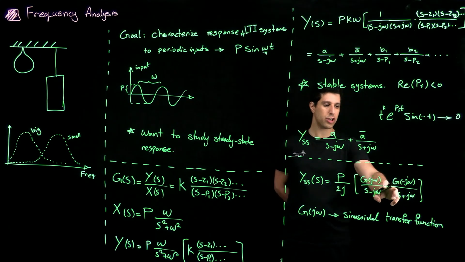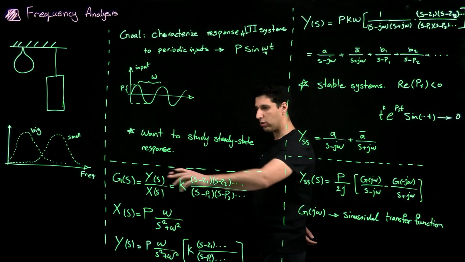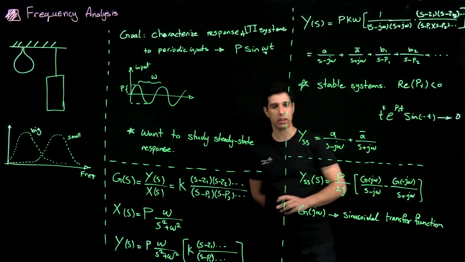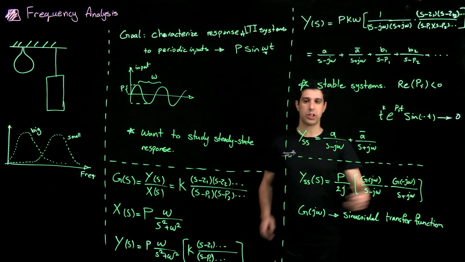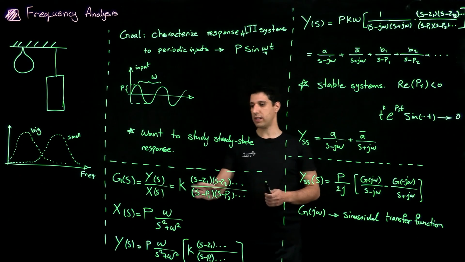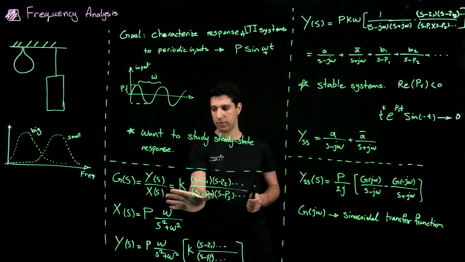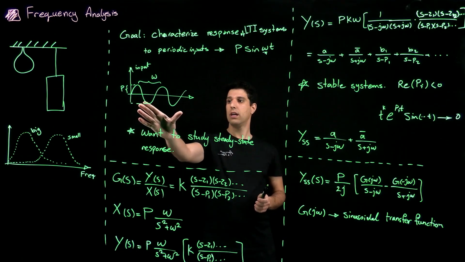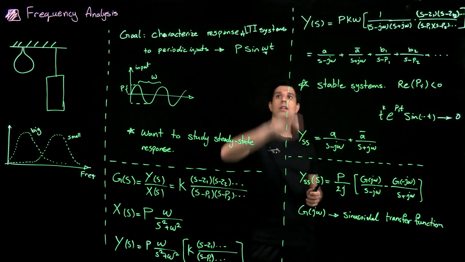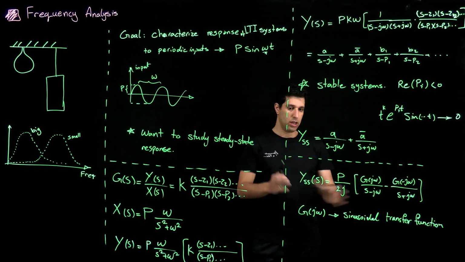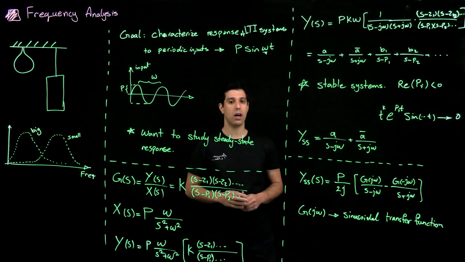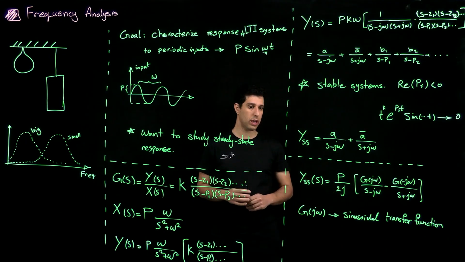And similarly, G of minus j omega is the value of G when s equals minus j omega. So this is the response of my system, characterized by the transfer function G of s, given the input P times sine omega t. I ran out of space. I will clean the board and start again from this step to continue the derivation.